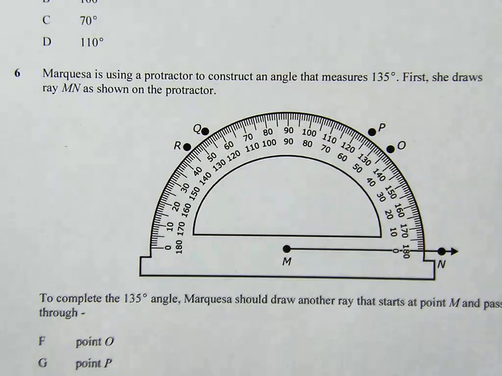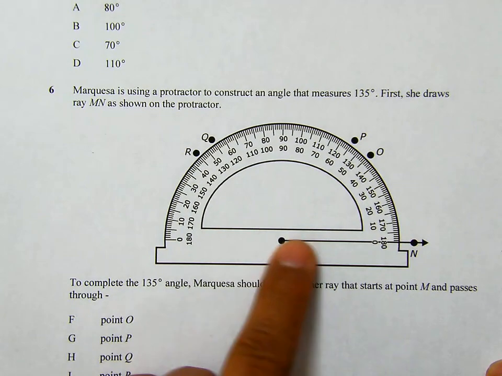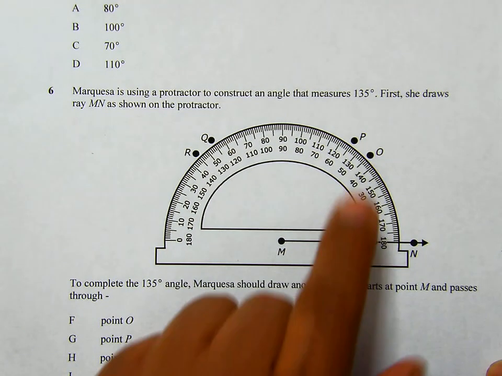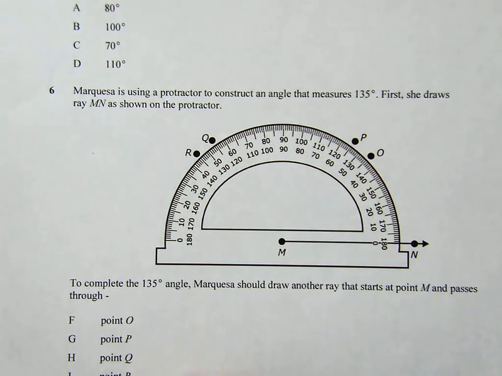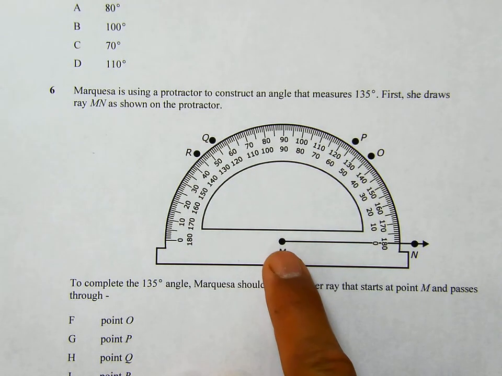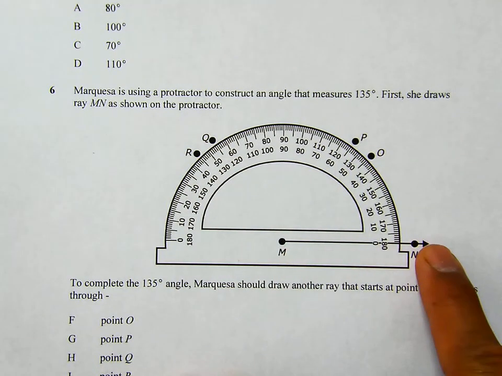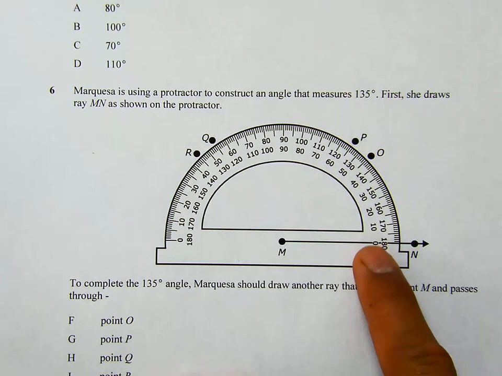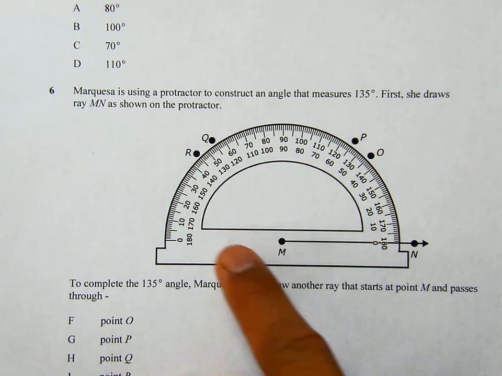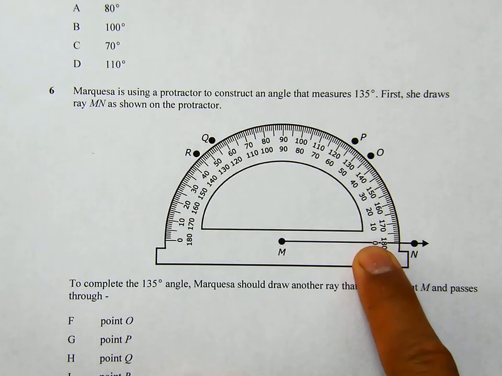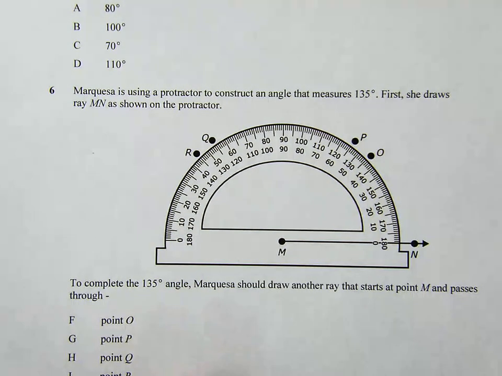So what they're asking us to do here is create an angle that is 135 degrees. And if we create an angle that is 135 degrees, which of these points is the other ray going to go through? So always remember, look at the bottom ray and start counting from the 0 where this ray is going by. So this ray is going by this 0, so you would start counting by that 0.